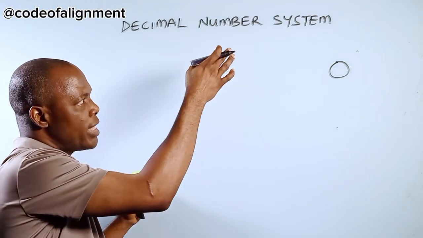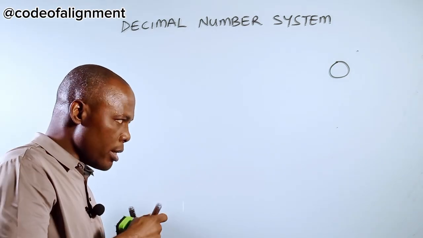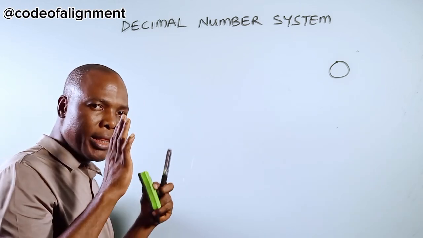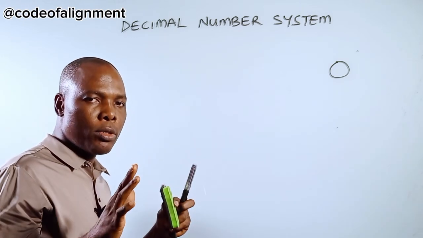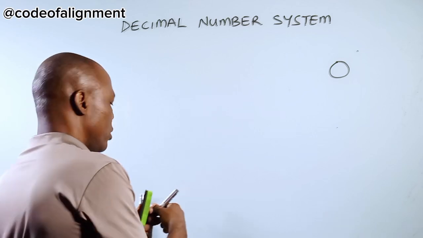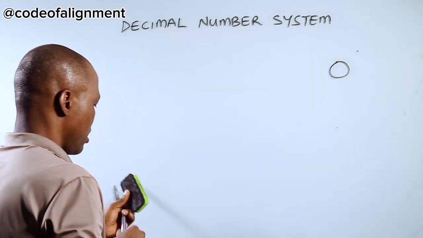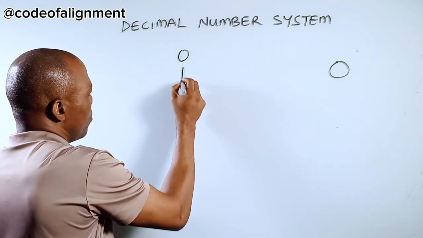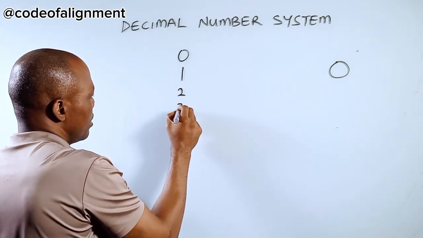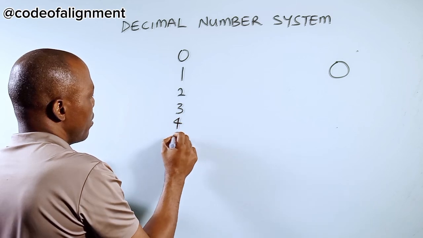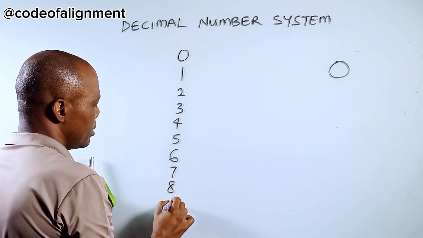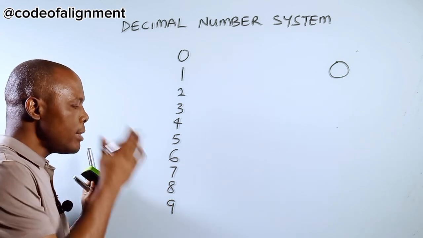So the decimal number system gives us 10 digits, 10 symbols to work with. Those symbols are 0, 1, 2, 3, 4, 5, 6, 7, 8, and 9.